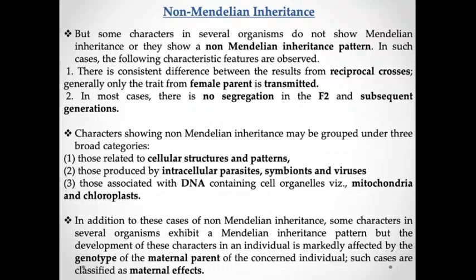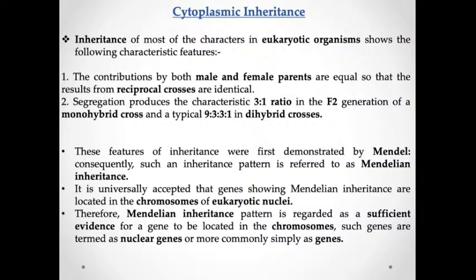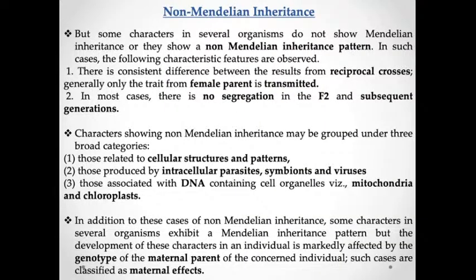Whenever they did the reciprocal cross, they got different progeny, and mostly the trait was transferred from the female parent, not the male parent. Also, in dihybrid crosses we expect 9 to 3 to 3 to 1 in the F2 generation, but here we don't see any segregation in the F2 generation or in further generations. Everything remains the same as whatever the female parent is.